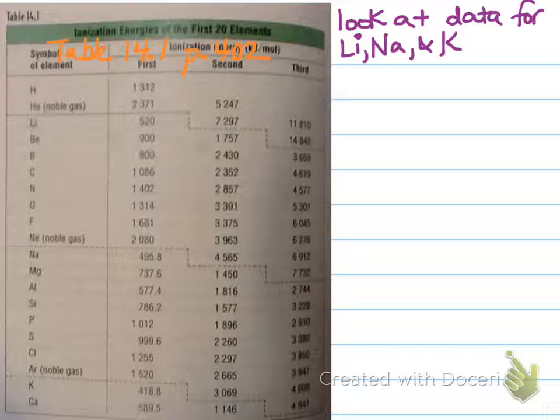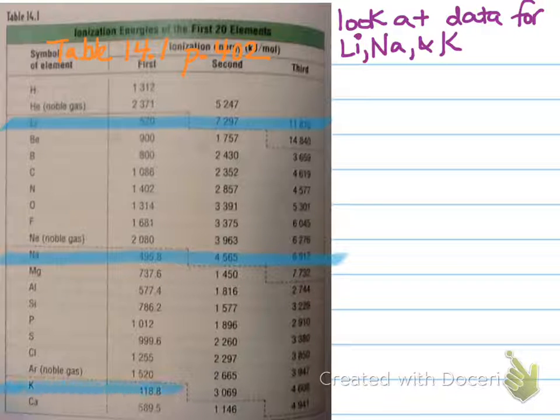And it might be easier for you to do this in your textbook if you have your textbook, okay, which you should. Right? We want to specifically look at lithium. It's right here. We want to look at sodium, which is right here. And we want to look at potassium, which is right here.